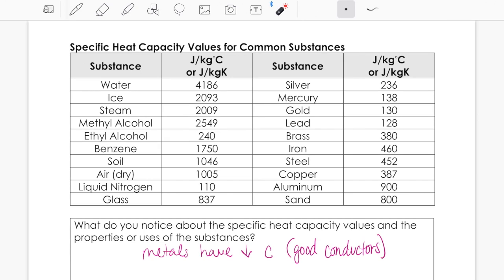One other thing to note here, these first three that they list, we have water, ice, and steam, all three of which are made up of H2O. But you'll notice that the liquid state of H2O has a much higher, almost double the Cp, or the specific heat, of the solid or gas form of H2O. This has to do with the way that liquid H2O molecules interact with each other.